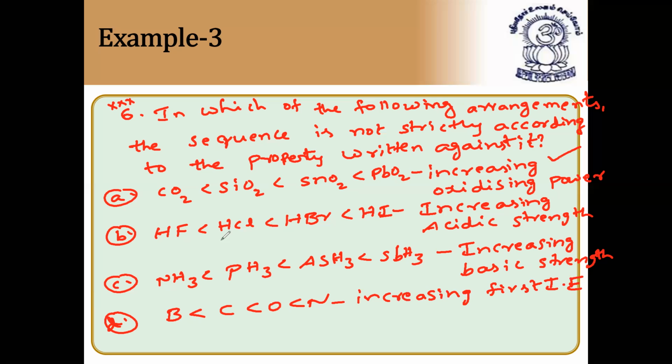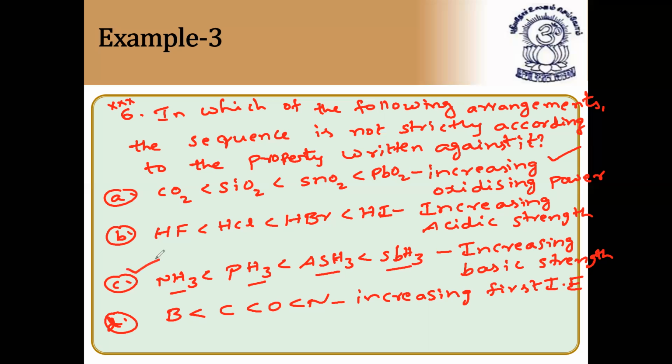Hydrogen fluoride, hydrogen chloride, hydrogen bromide, hydrogen iodide, increasing acidic strength, is also correct. The wrong one is ammonia less than phosphine, less than arsenic hydride, less than antimony hydride, increasing basic strength. Ammonia is more basic than phosphine, arsenic hydride and antimony hydride, so this order is wrong.